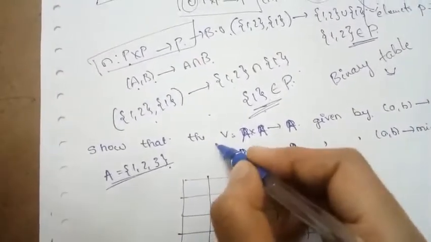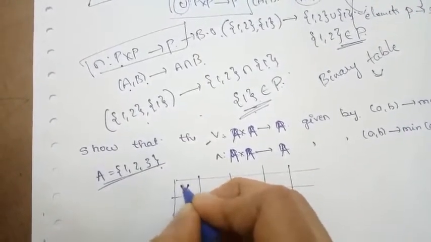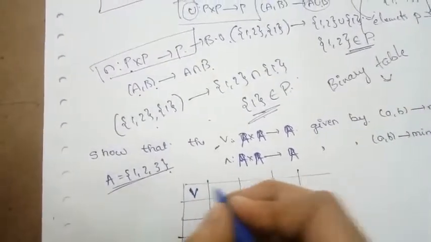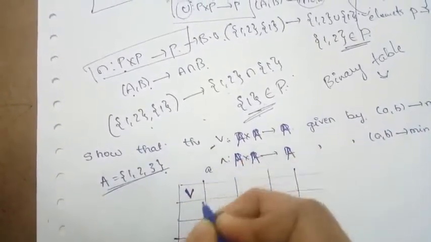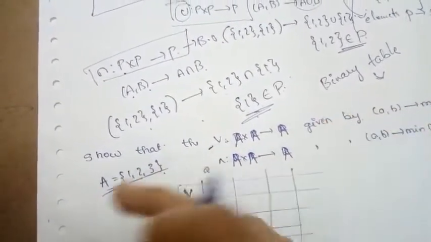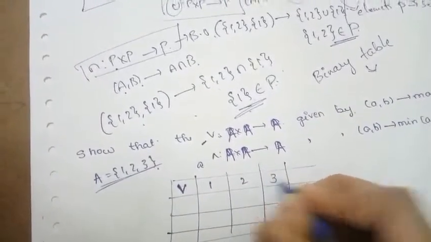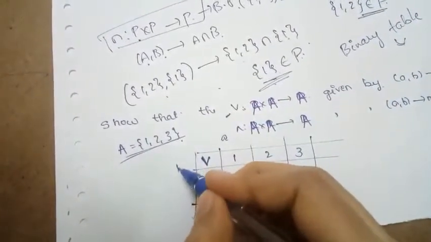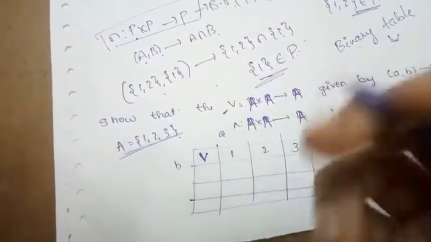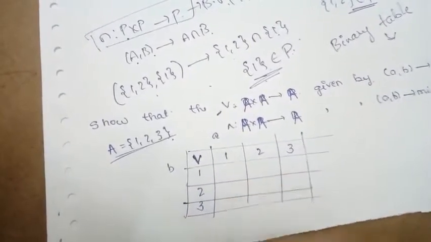I'll do it first with V. So V is the binary operation. Here the row elements will be our A elements. What are the possible elements from the set A? We can take 1, 2, 3. And the column elements I will call B. The possible elements for B are 1, 2, 3 itself.